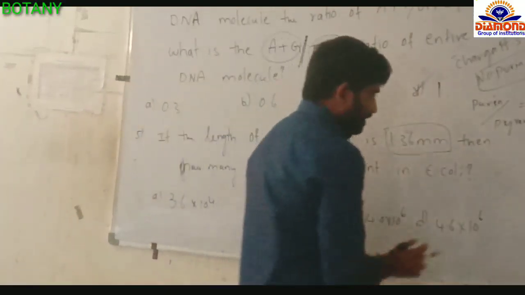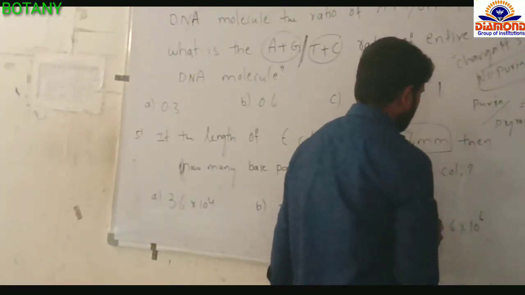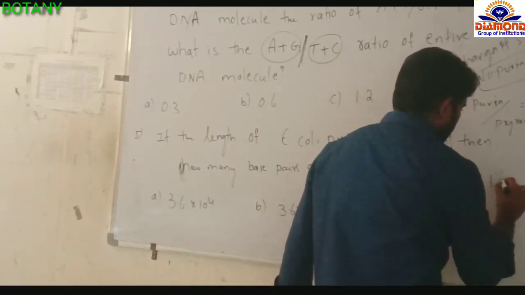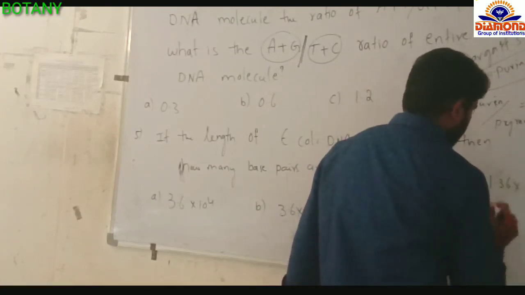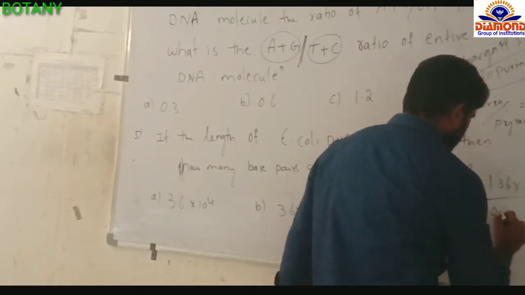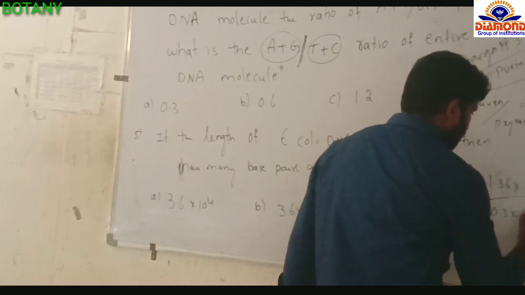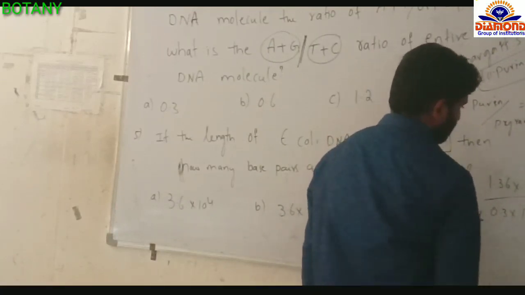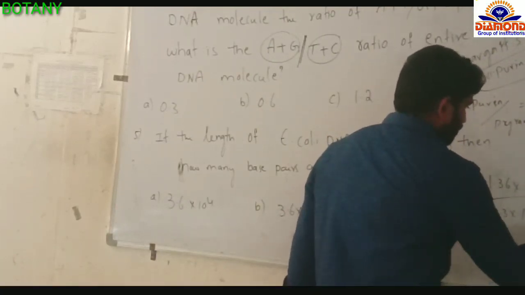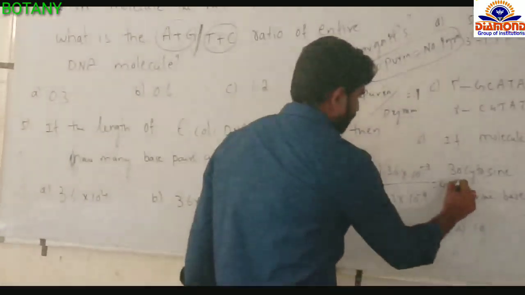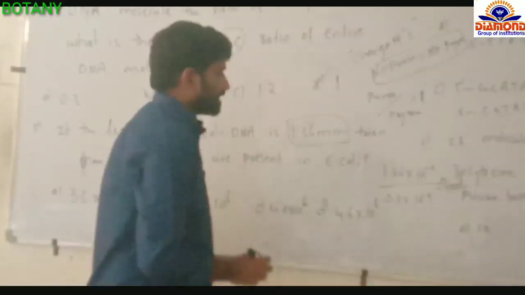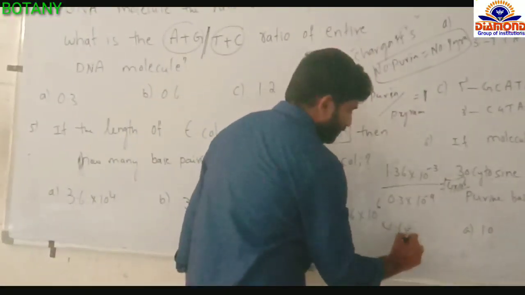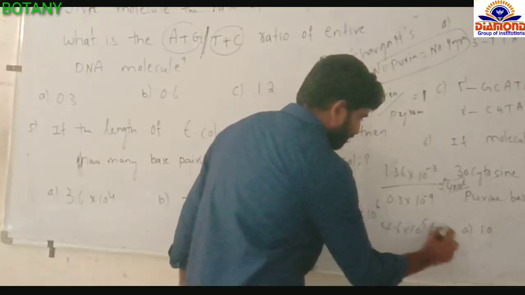Let us calculate. 1.36 into 10 to the power of minus 3 by 0.34 into 10 to the power of minus 9. So we get 4 into 10 to the power of 6. So the answer is E. coli bacteria contains 4.6 into 10 to the power of 6 base pairs.